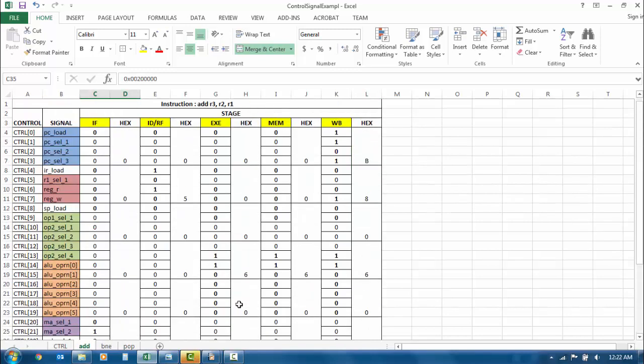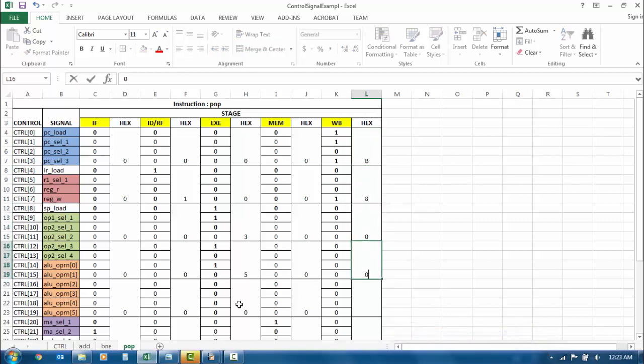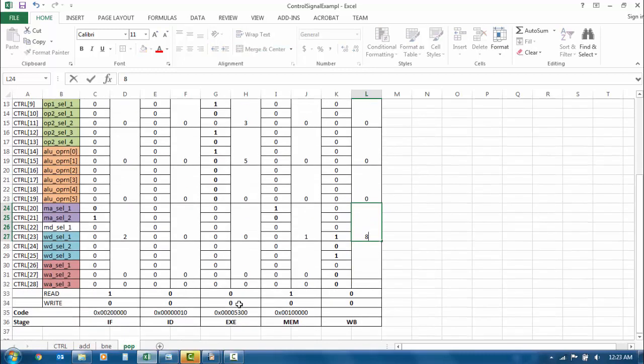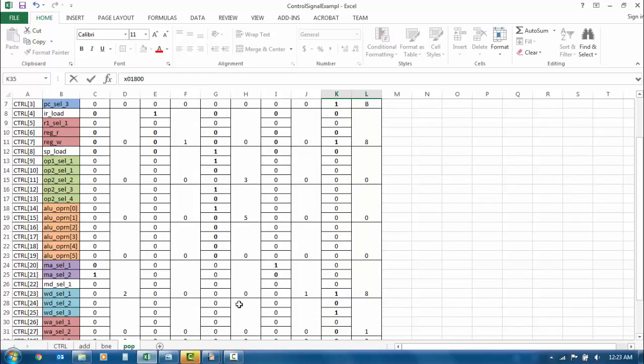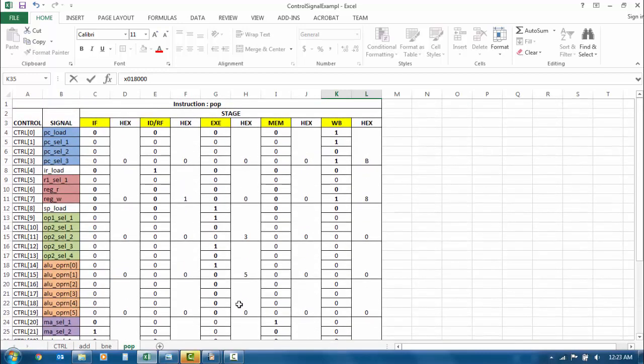Let's just cross check. 8, 10, 11, A, B, yeah, B 8 0 0 0 8 1 0. So my microcode at this point would be 0 1 8 0 0 0 0 1 8 0 0 0 8.